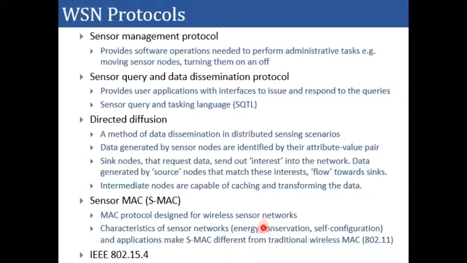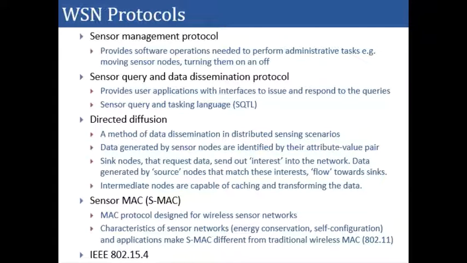So this SMAC is different from our traditional wireless MAC in terms of the important attributes, that is energy conservation and self configuration. Now next is IEEE 802.15.4, which is widely utilized in wireless sensor network data communication.